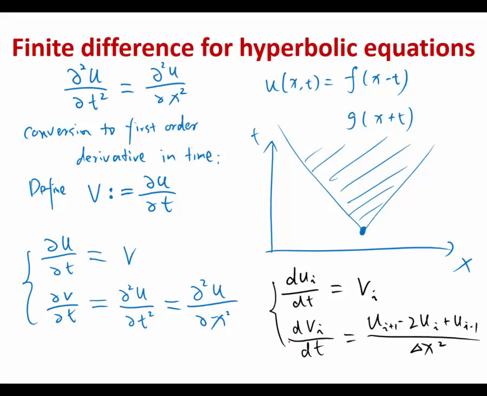Yes? This is just one of them. Good question. Yeah. Some of the hyperbolic equations are already in this form. So some of the hyperbolic equations are already in first order derivative in time. And so you're going to see from the look of the hyperbolic equation, there can be several different forms of the hyperbolic equation.